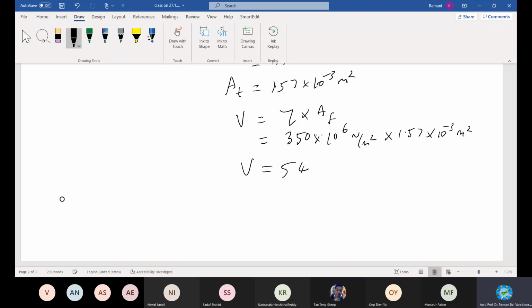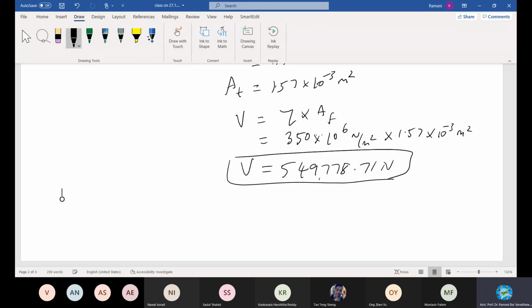Sorry, 549.778. Okay, 0.71 newtons. Correct? Or 0.4, 0.5 mega newtons. Clear? This is a comma, not a point. I'm getting this answer. Are all of you getting the same answer?